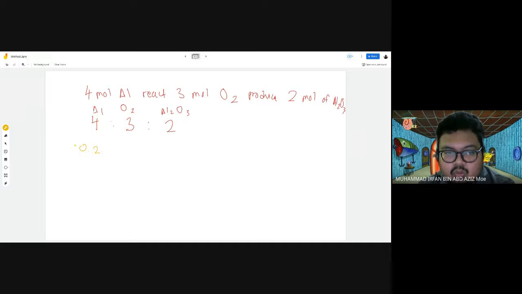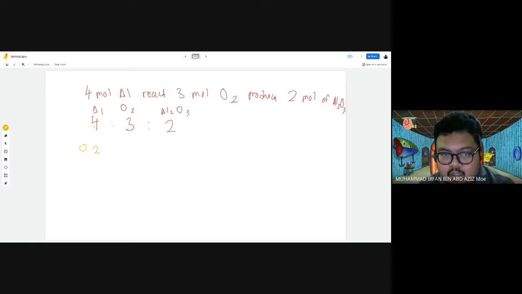Okay, so ratio dia will be the same, in this 432 punya ratio, but it will not be 0.2 sini, akan jadi 3, akan jadi 2. So dia akan jadi in 432 juga.